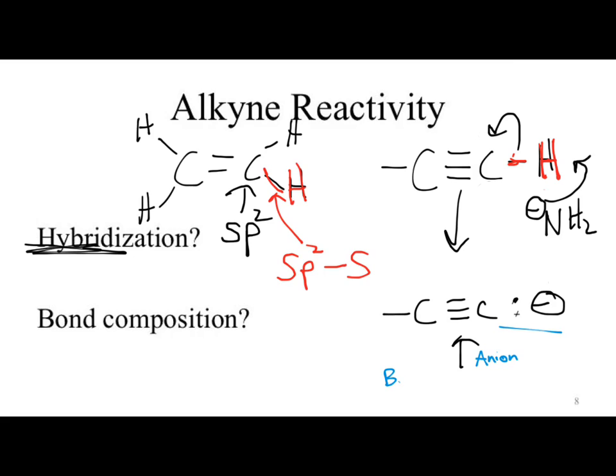Bronsted base. What else could it act as? A nucleophile. We've got a nucleophile because it could donate its electrons to an atom other than hydrogen. What else could it do? Try again. Lewis base. Donate its electrons.